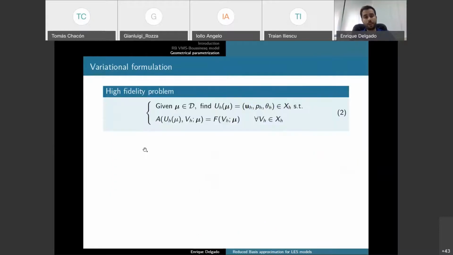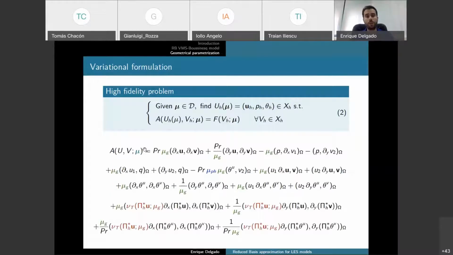And thanks to that, we define here our high fidelity problem, the variational formulation, given by these operators. As you can see here, once we have applied the change of variable formula to our operators, the geometrical parameter can be treated in the same way as the physical parameter, just a quantity that is pre-multiplied by the matrices.